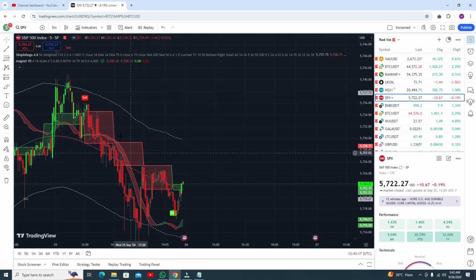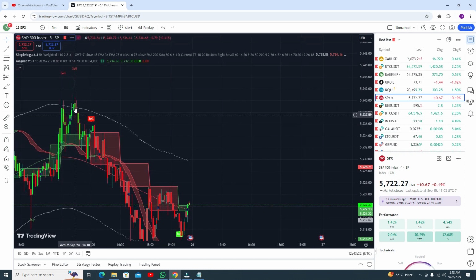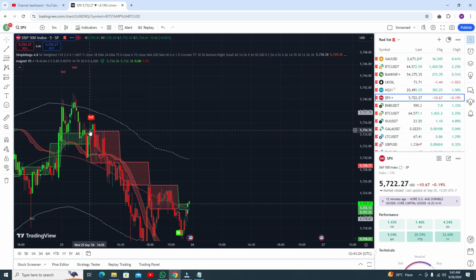In the previous one, you can see you can go for the sell trade, but you did not get this one. Here you got the signal, but from this point you are not getting the sell signal, so you can go for the sell trade because it's very close to the upper band line.